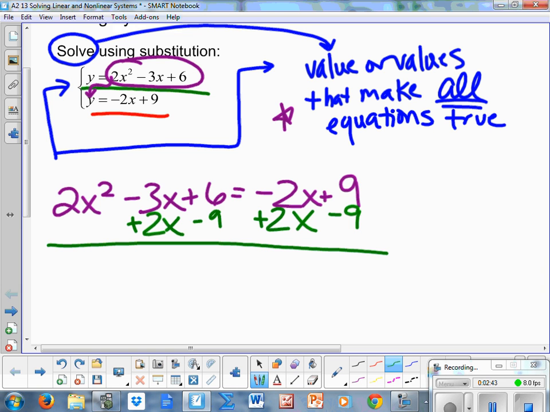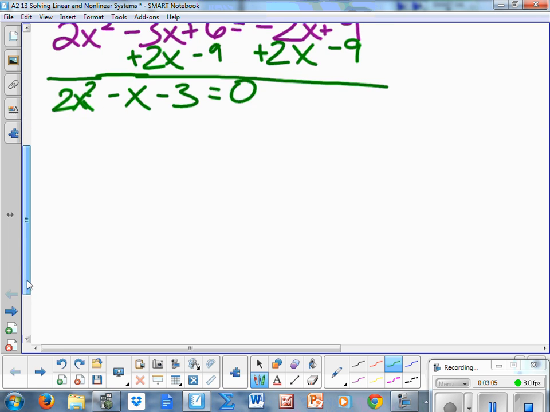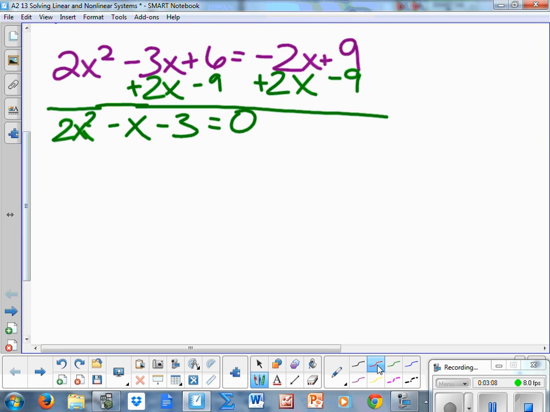So I'm adding 2x to both sides and subtracting 9 from both sides in order to get one side equal to 0. Now I've got a couple different ways I can use to solve this for x. That's our goal here, solve for x.